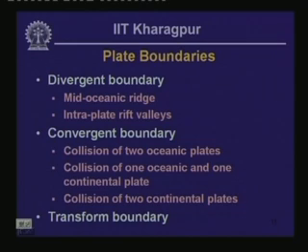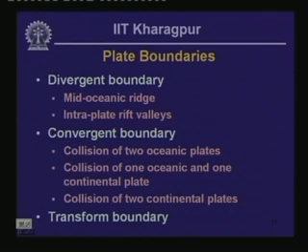Typically, a divergent boundary is found at mid-oceanic ridges, or at intraplate rift valleys such as the East African Rift Valley. These are very good examples of divergent plate boundaries.